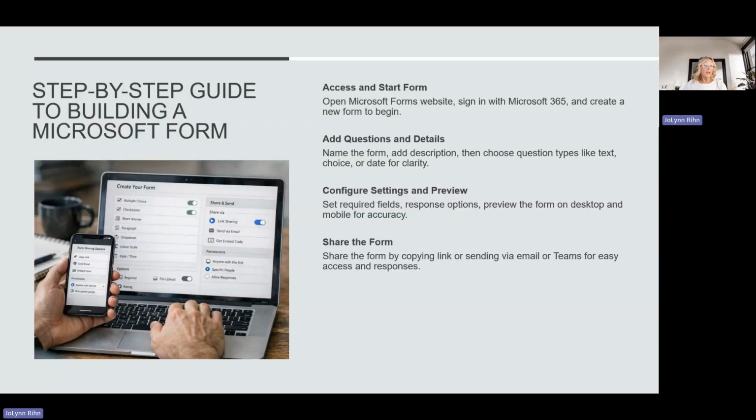So starting by creating a new form, you're going to name it, add in your questions, choose whether they're required fields, and preview the form before you share it. This really helps to ensure that the form works well on both desktop and mobile, because we can actually preview it on both, and you can always test it with other people as well.